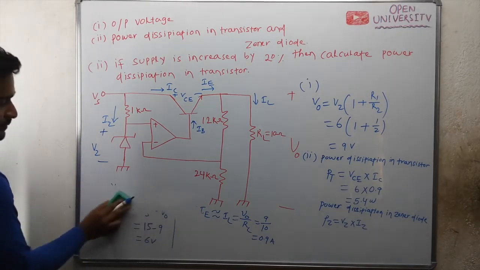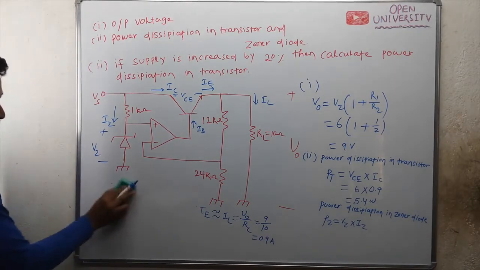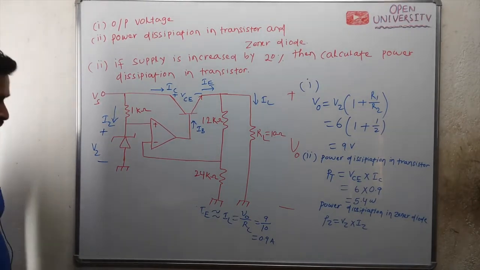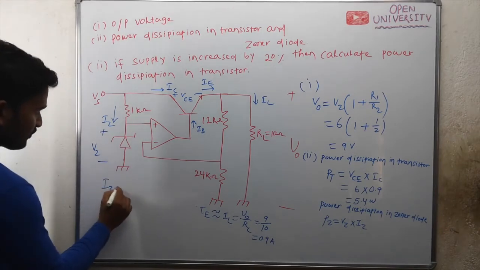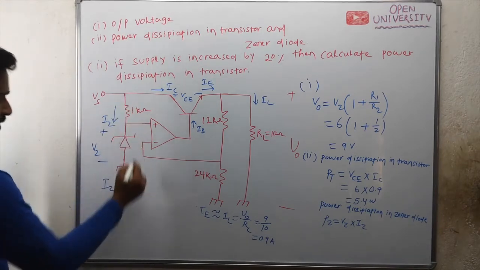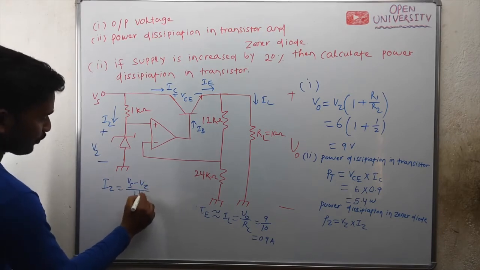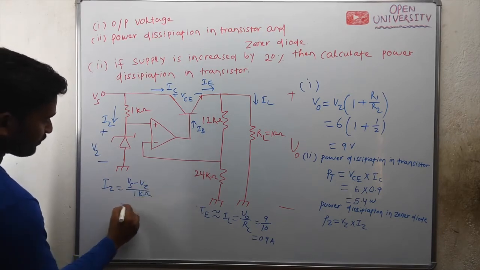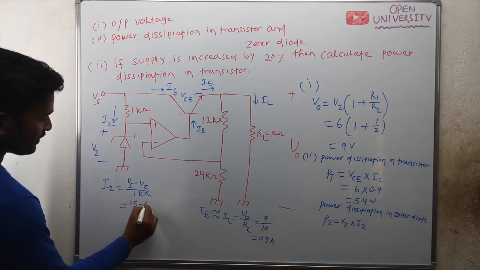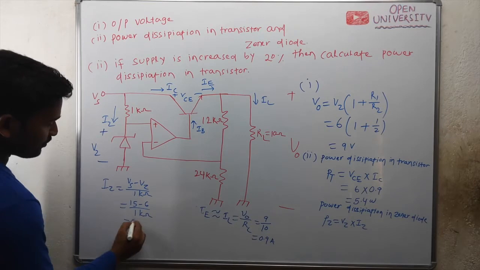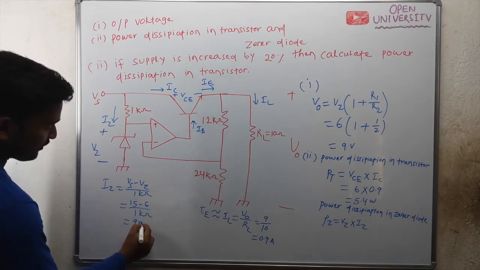Iz equals Vs minus Vz by 1 kilo ohm. What is Vs? 15. Vz is 6, by 1 kilo ohm. So 9 by 1, that is 9 milliampere.